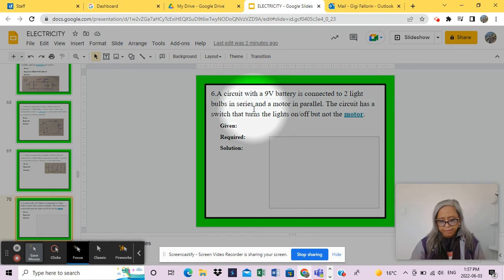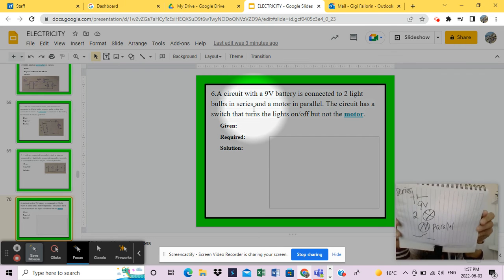But I have the motor, which is in parallel. The circuit has a switch that turns the lights on and off, but not the motor.